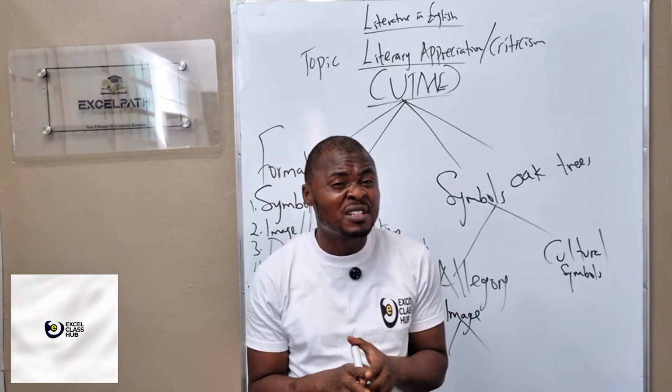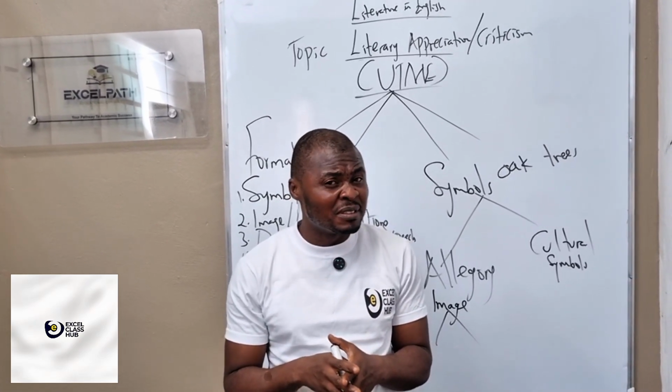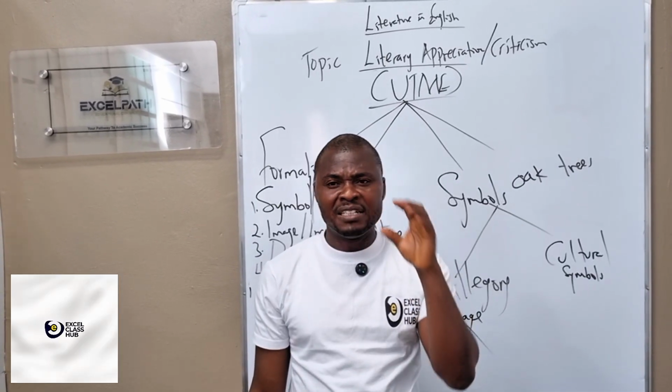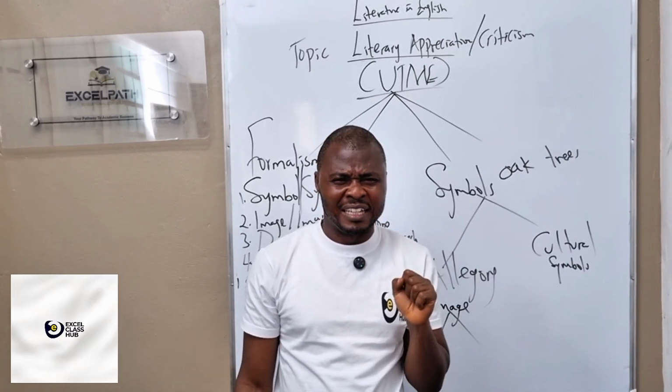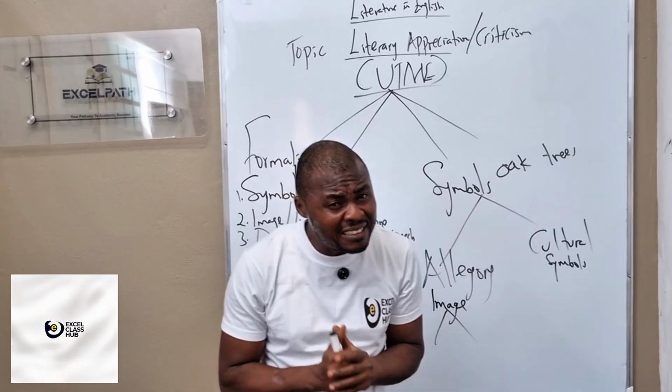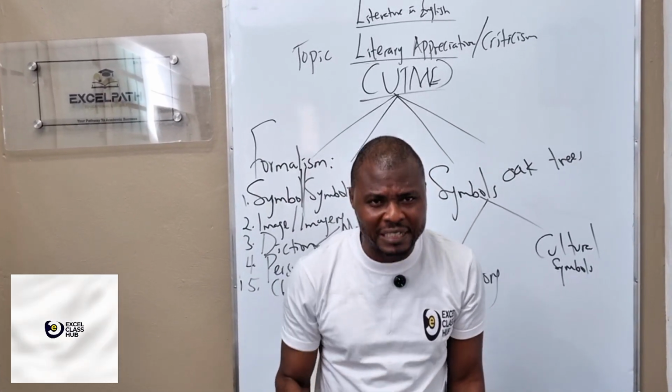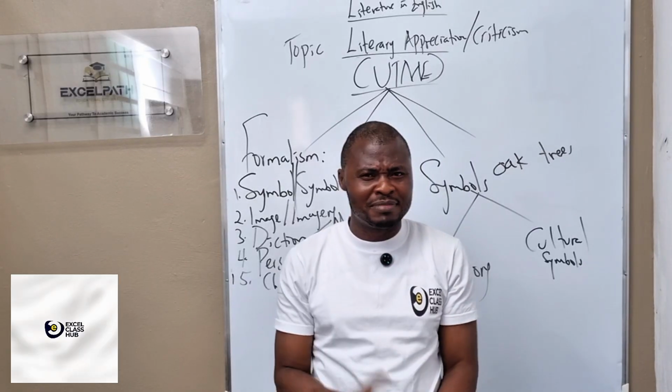Yes, it has to be physical. You see, unlike a symbol that can be physical or abstract, an image must be physical. Do you see the difference? One is physical, the other is abstract. Take some time to let that sink.